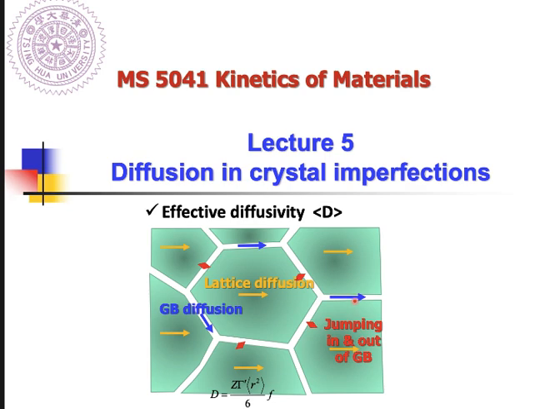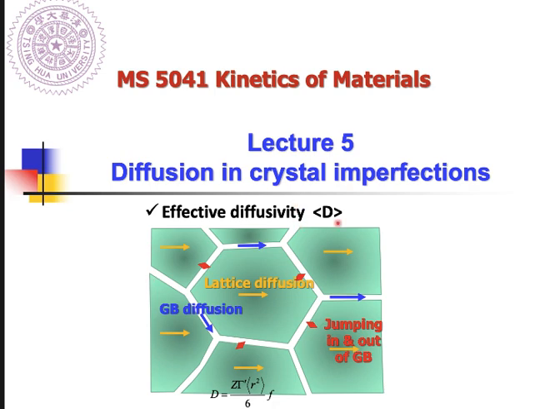So in this case, how can we estimate the diffusibility of this type of material? How can we do that? I'm going to show you how to estimate the diffusibility in this type of material.